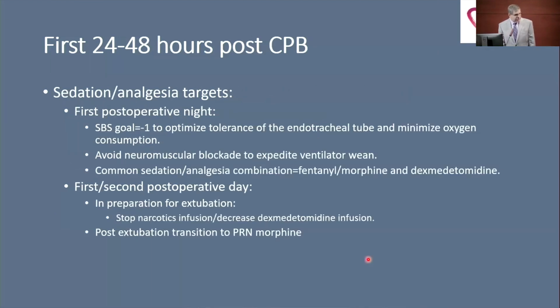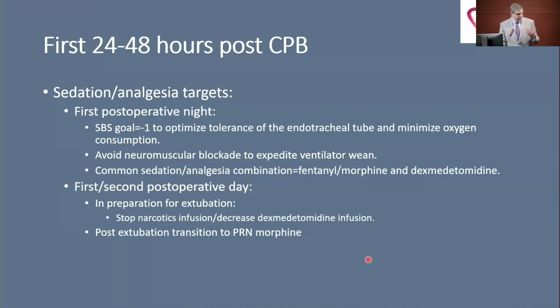As far as the sedation and analgesia targets, the main thing is really to progress them pretty quickly, but the first postoperative night with all of these hemodynamic issues, we do expect them to remain intubated, and therefore they do need to be a little bit more sedated. We target a State Behavioral Score.